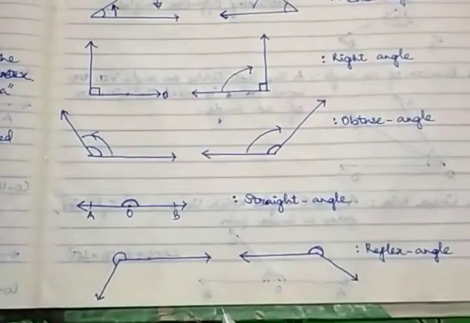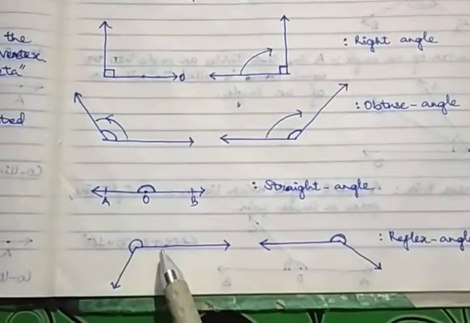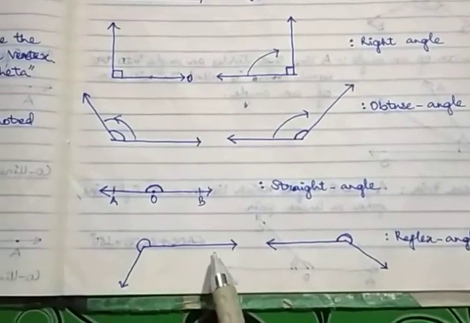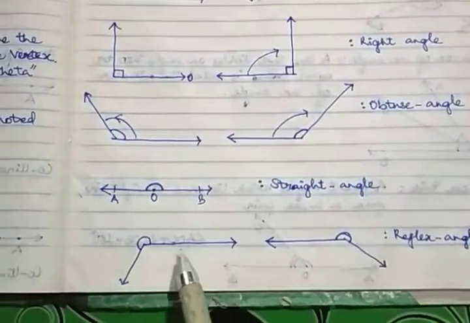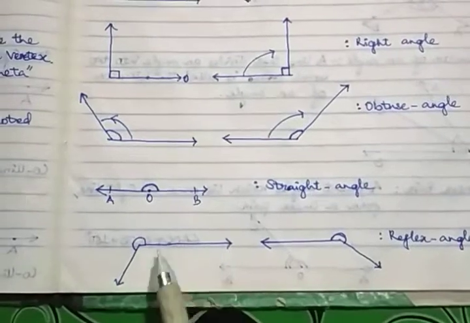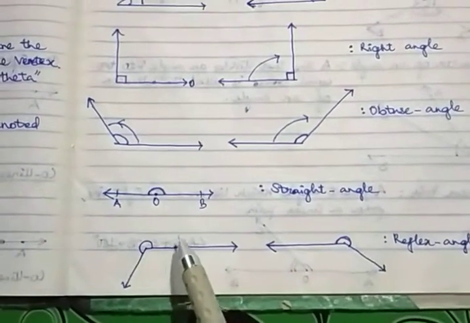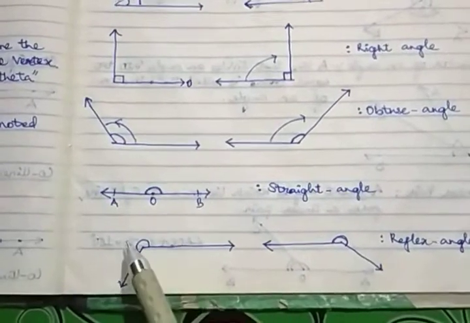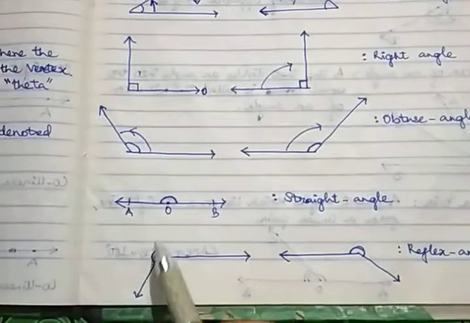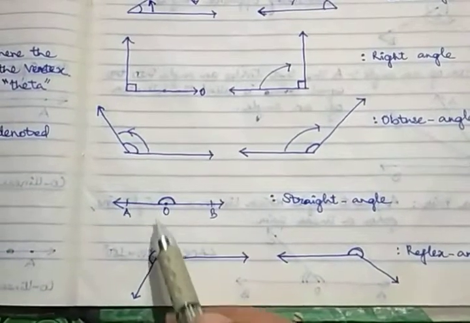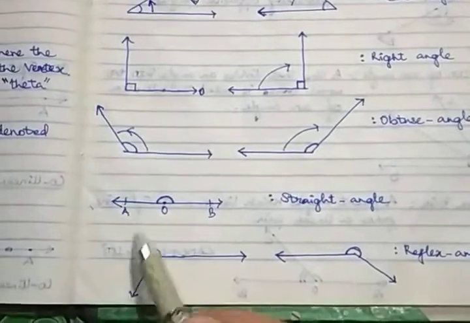Now for reflex angle. The base arm is towards right, so we need to go in anti-clockwise direction, isn't it? Up to the perpendicular line it will be 90, and up to the straight line it will be 180 degrees.